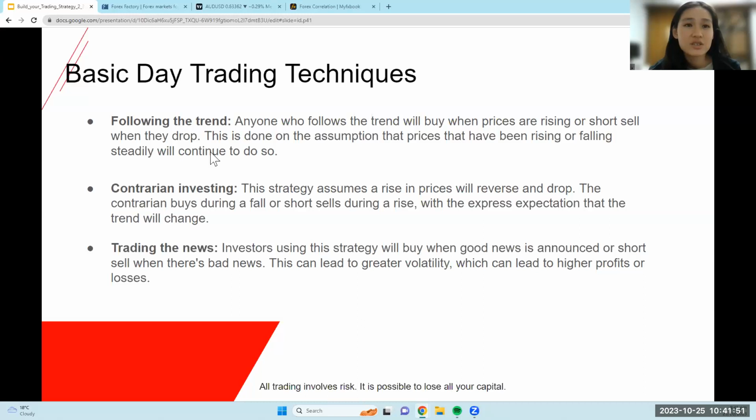Trading the news. We also highly recommend trading the news, because investors using this strategy will buy when good news is announced or short sell when there's bad news. This is closely linked to investor sentiment, which can affect the market's volatility, but can also lead to higher profits or higher losses.